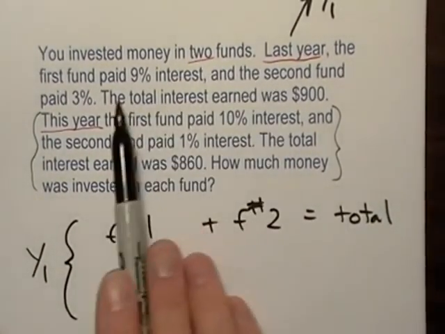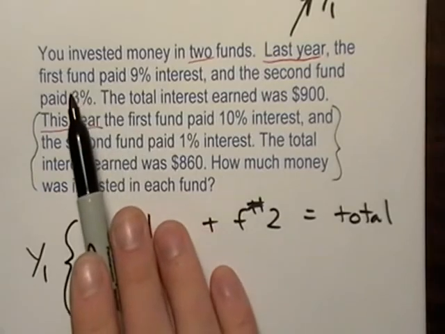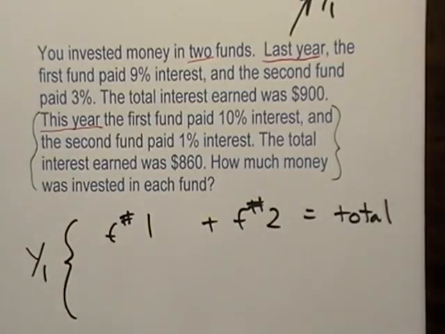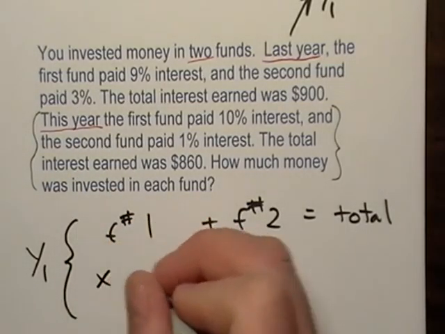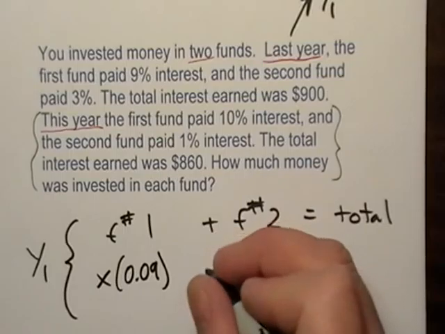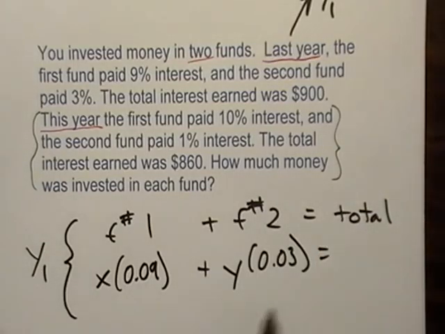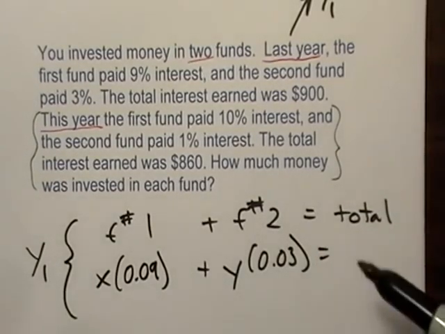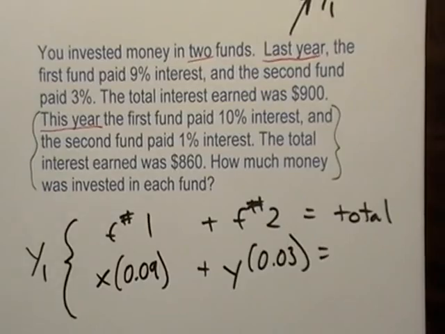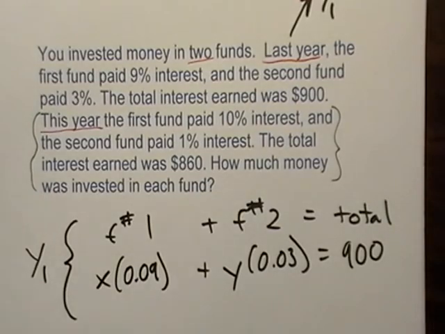Well, we're going to do the same thing. We're going to put X dollars in fund number 1, and Y dollars in fund number 2. So we're going to have X dollars in fund 1 plus Y dollars in fund 2. And I skipped a step from the last time. I think you need to have watched the video on the first one to find out how I did this, okay? And they earned $900.